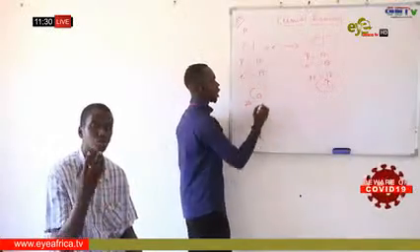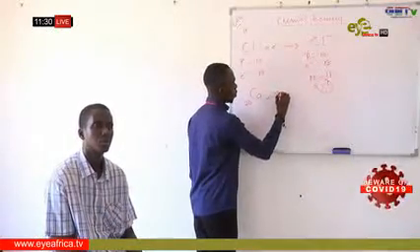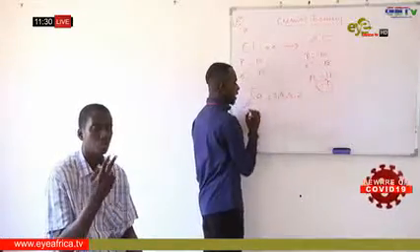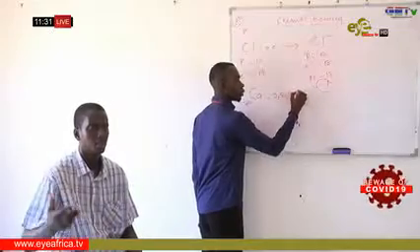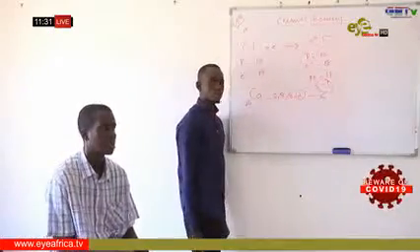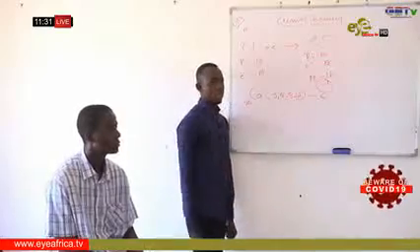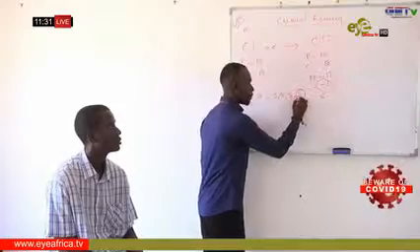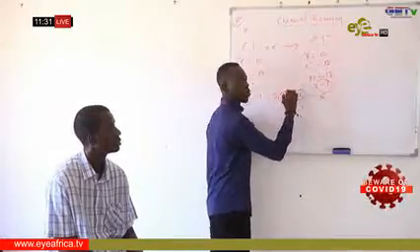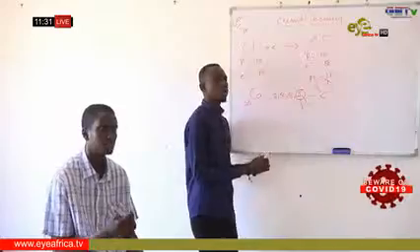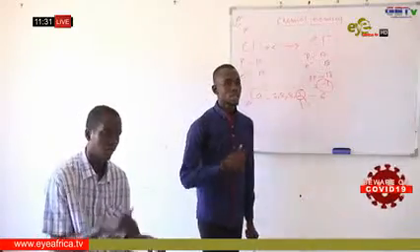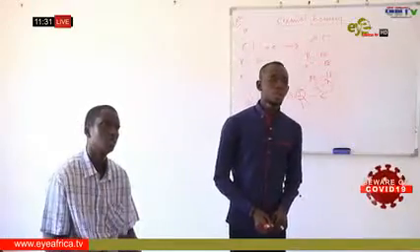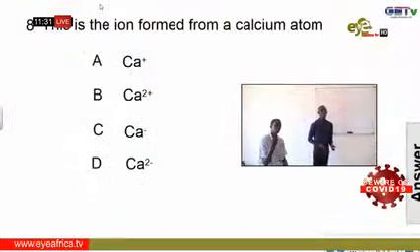We know that the electronic configuration we can write as 2, 8, 8, 2, which means it is easier for calcium to donate these 2 electrons than to accept 6 electrons. And calcium also is a metal, which means it must donate these 2 electrons. That is, you will have first ionization energy and also second ionization energy, the removal of the first electron and also the removal of the second electron. Which means the correct option in this case is letter B, which is Ca2 plus.